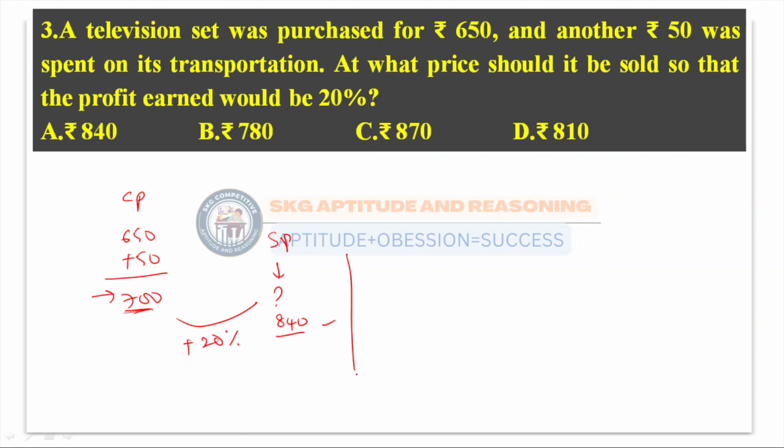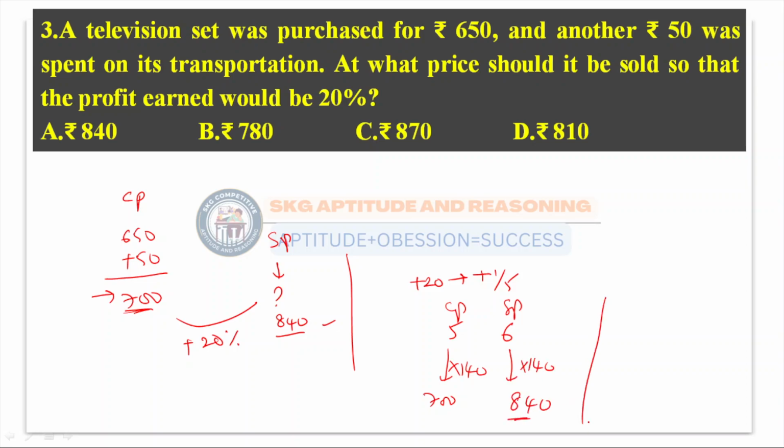This is one way of solving. Or you can also solve like this. 20 percent in fraction form can be written as 1 by 5. So initially it was 5 parts, later it will become 6 parts. The 5 parts will be the cost price and the 6 parts will be the selling price. The 5 parts value gave us 700, which means 1 part equals 140. Similarly, 6 parts will give the answer 840.